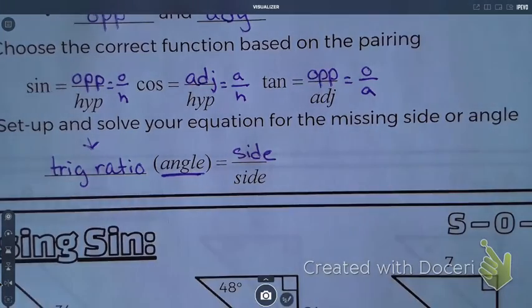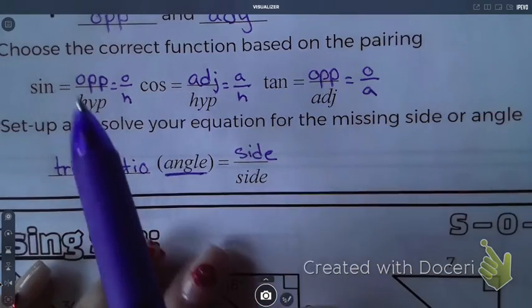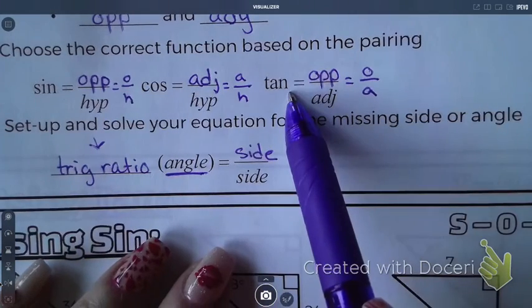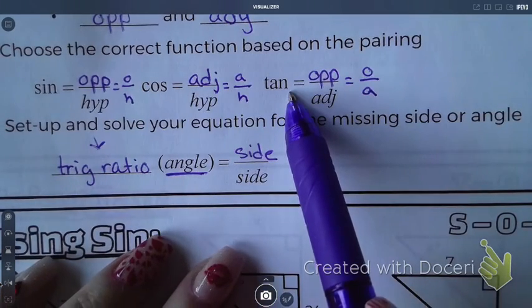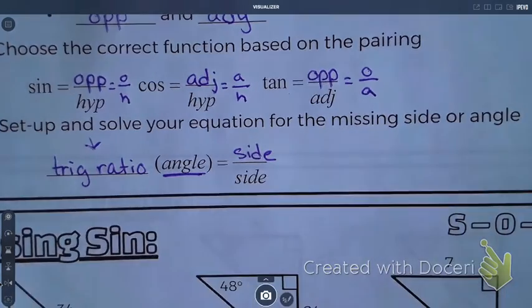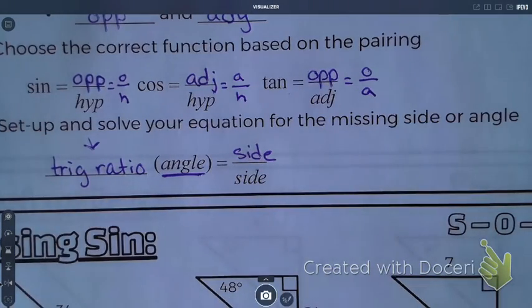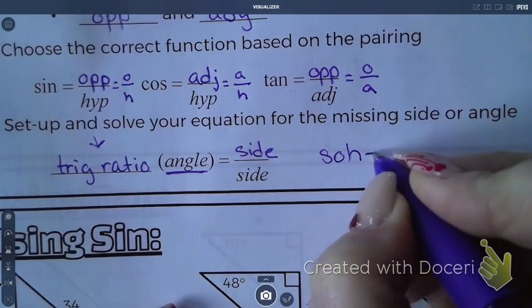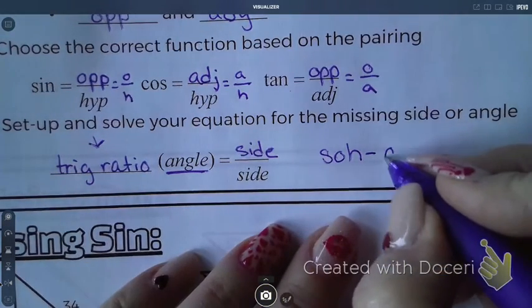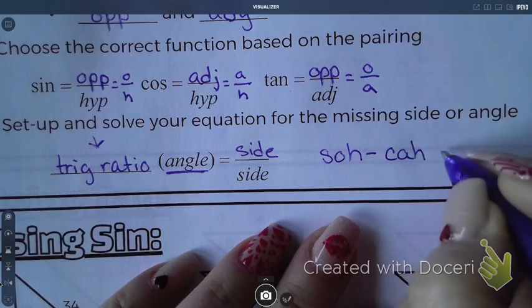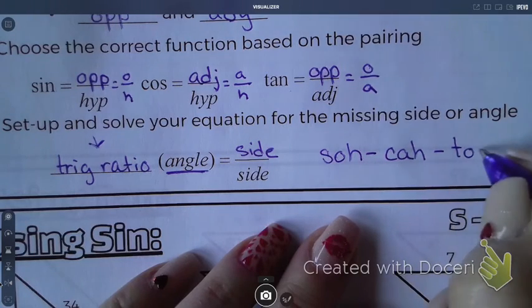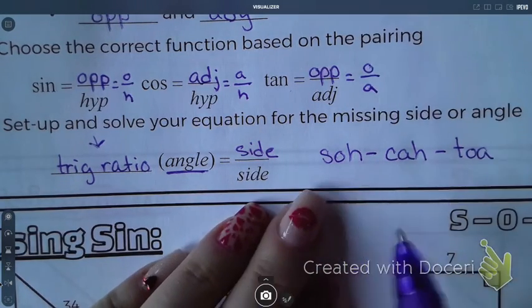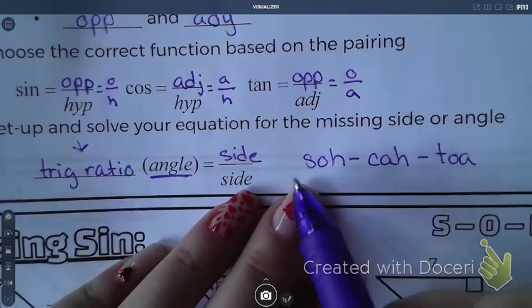Now, we have to remember what sine, cosine, and tangent are, don't we? This is how you can do it. It's a mnemonic device you may have heard before. People say, just use SOHCAHTOA. You want to write this in your notes. Do not put them away. SOHCAHTOA.